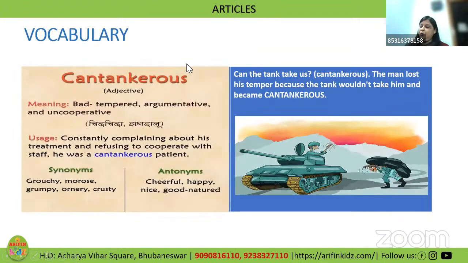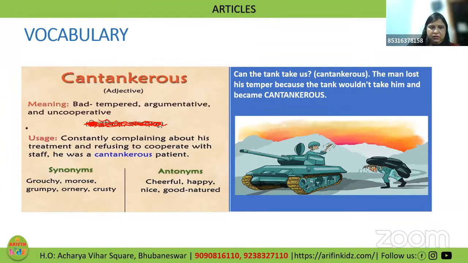Now see, I am going to share a word with you. Quickly we'll be saying bye to each other now. Ignore this part. So you can see that there is a word called cantankerous.